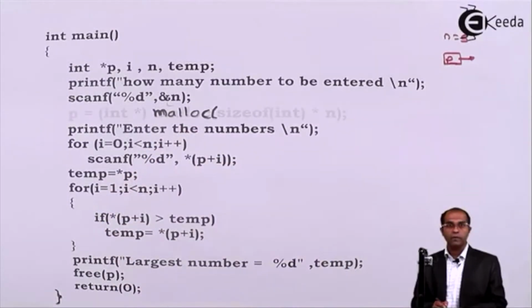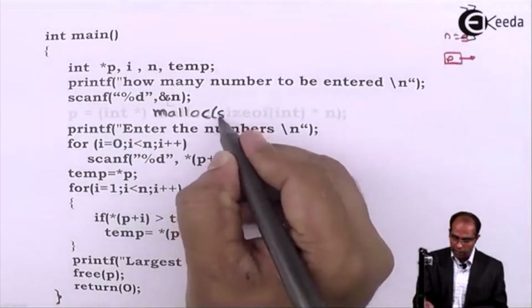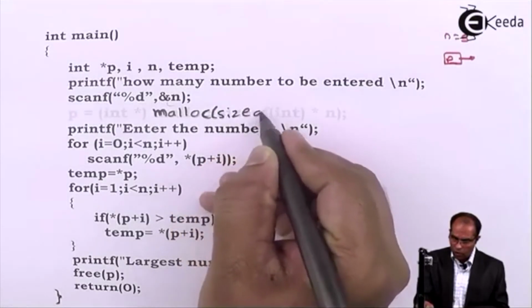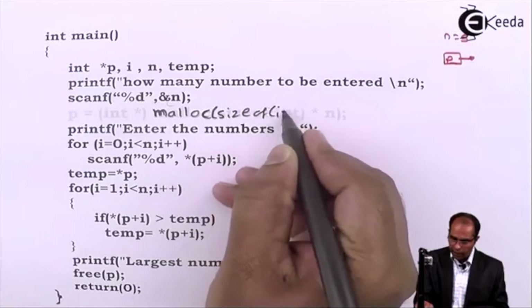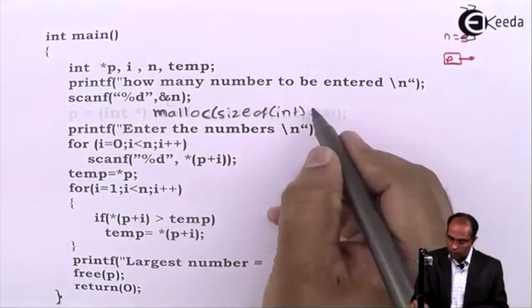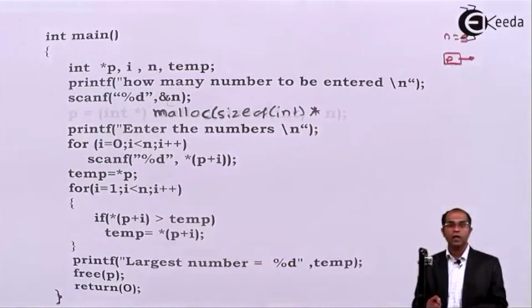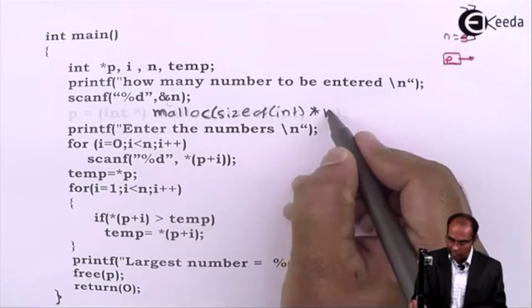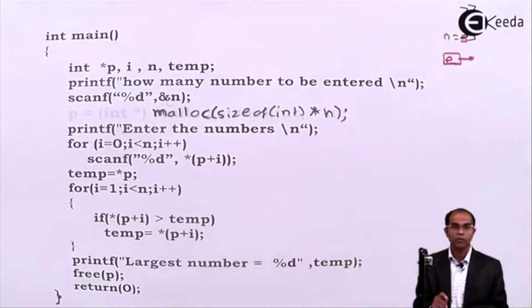Malloc, what type of value do you want to store? You want to store integer values, hence I'll say sizeof(int), multiplied by how many values you want to store? Just now you got the requirement as n values, so you say n.